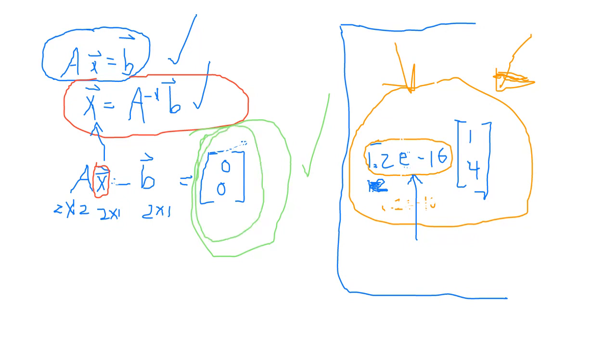The question is, could 1.2 e negative 16 times the vector 1, 4 be thought of as the 0 vector? Is that MATLAB's way of saying 0, 0?